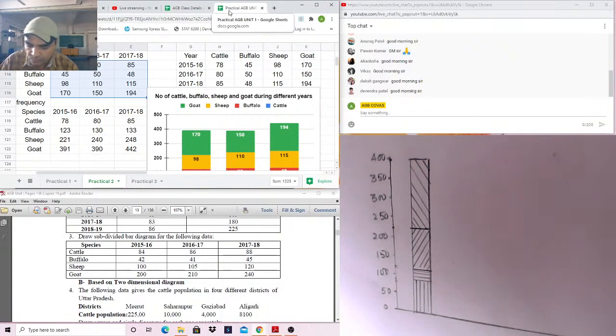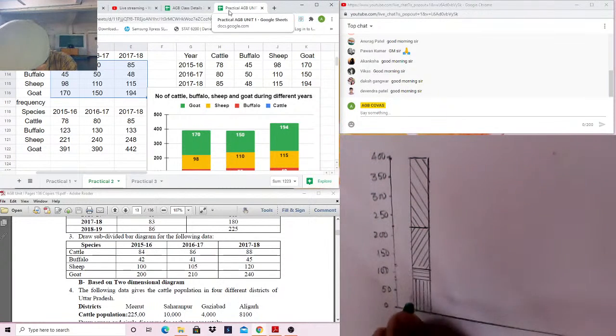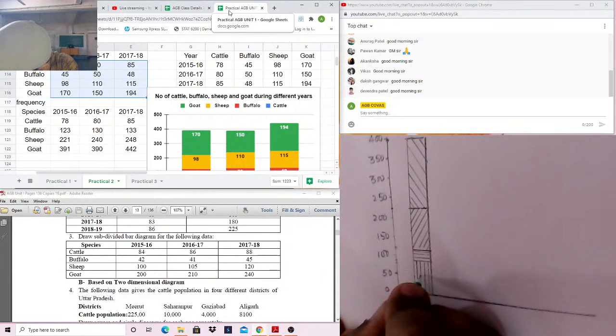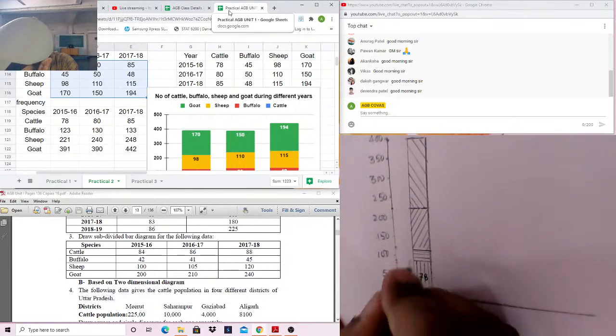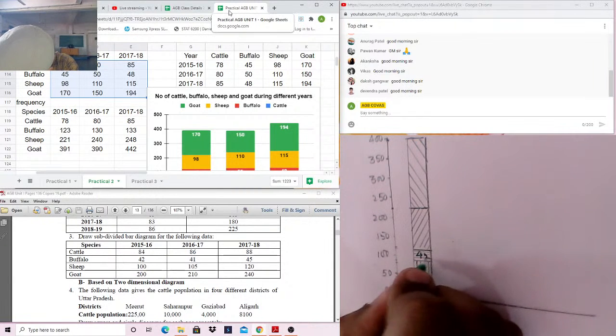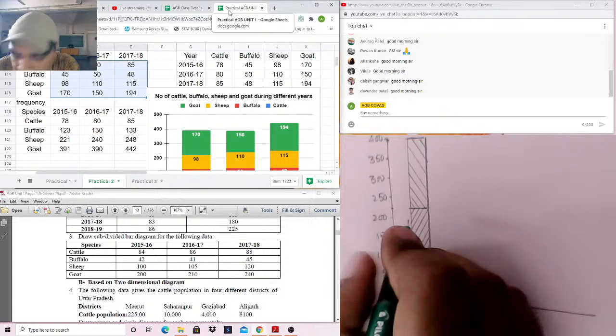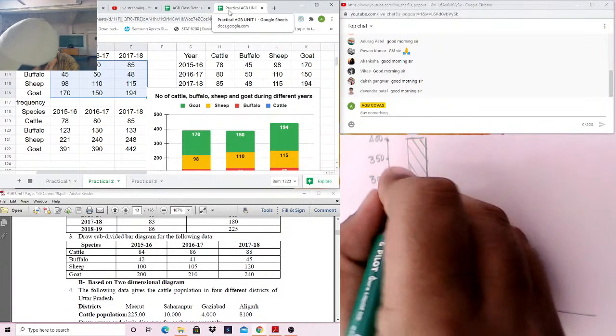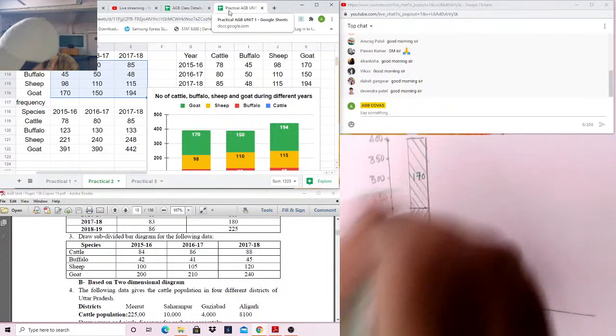So the different values are, this represents 78, this represents 45, this represents 98, and this represents 170.